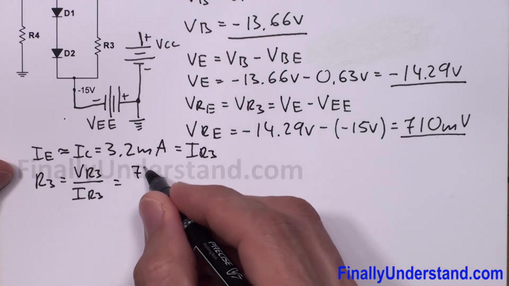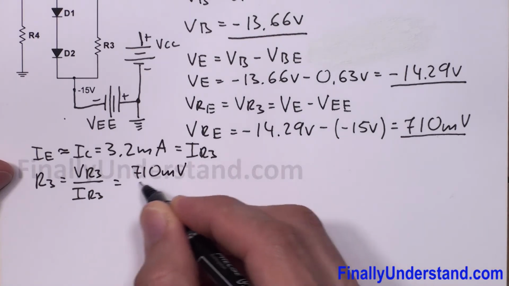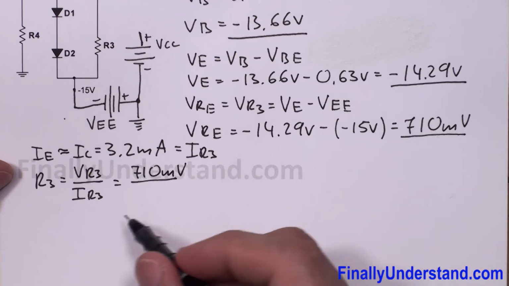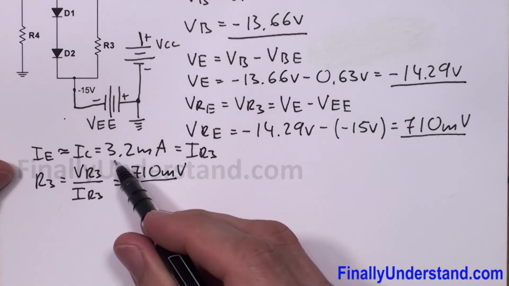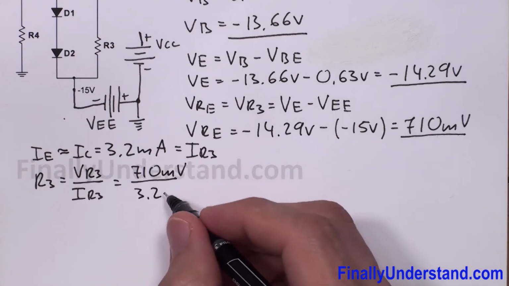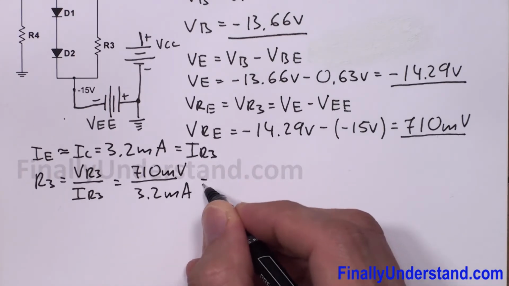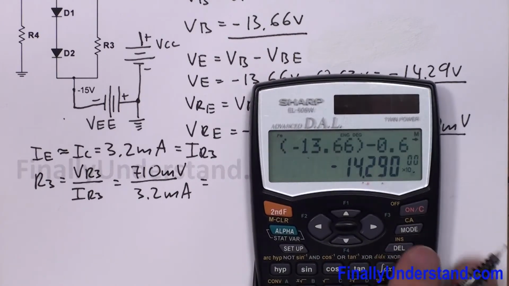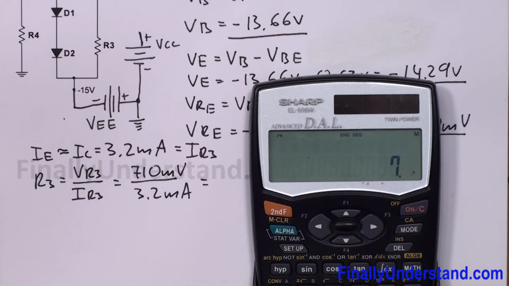So I have 710 millivolts divided by IR3, which is 3.2 milliamps. So this is equal to 710 times 10 to the negative 3 divided by 3.2 times 10 to the negative 3.